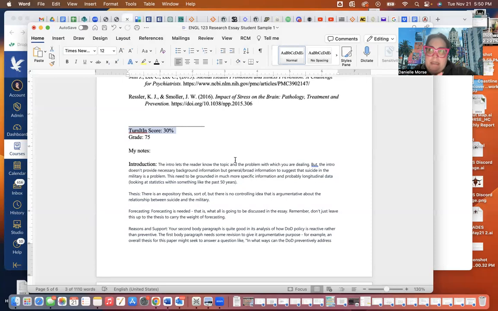And source dependency is where the writer's voice, the student's voice, is not the dominant voice in the paper. And so that's its own issue. When we bring other voices into our paper and integrate them with our own voice as writers, we always have to make sure that our voice is the loudest, our voice is the most dominant.